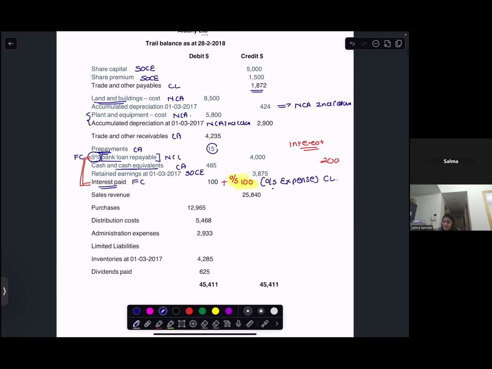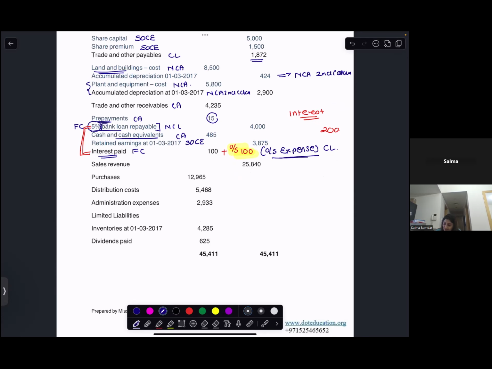I can either write it like this over here, or I can write over here outstanding interest. I will write current liability and I will put 100. When I put this over here, it means that it is yet to be paid and I have to incorporate it when I am solving.